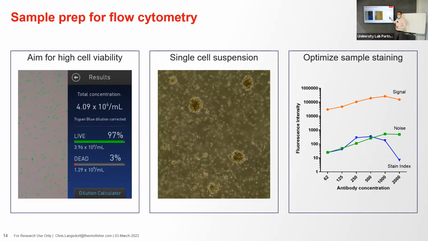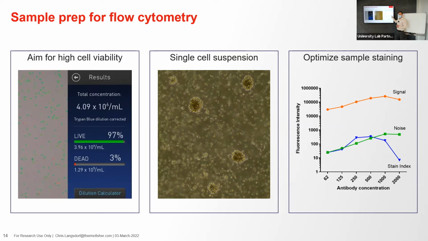And then finally, whatever we're labeling our cells with, antibodies, viability dyes, proliferation dyes, I work in R&D in our lab developing dyes, and we try to optimize them the best we can when they go into the catalog. But for your given experiment, there's probably some more optimization you could do to decide what concentration of antibody to use. In the case of antibodies especially, we'd like to titrate them and see how, as we increase the concentration of our antibody on our cells, our signal goes up to a certain point and our noise increases.